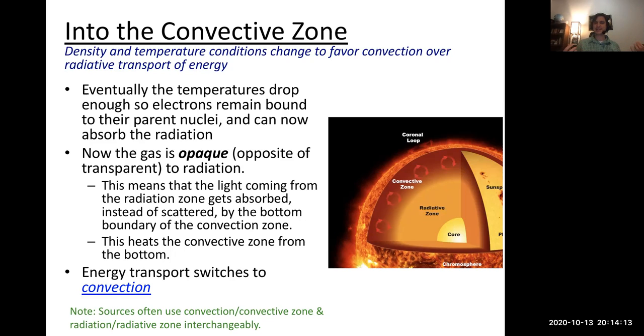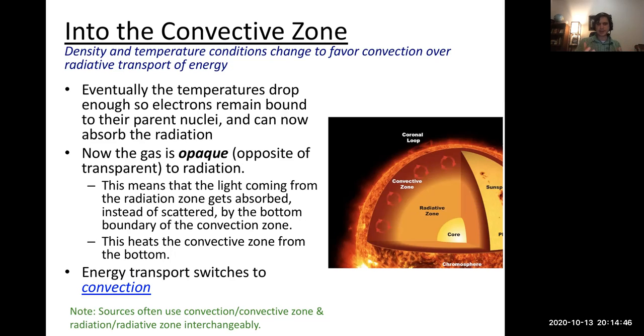We would say that the gas, as it enters the convective zone, is now opaque, where all of a sudden, all the light that's coming out of the radiative zone will get absorbed by the atoms and the ions in the convective zone, which means that it's going to dump all of the light's energy into the actual atoms, into the substance of the sun, into the material that makes up the convective zone, which you can imagine is like you're cooking it from the bottom.